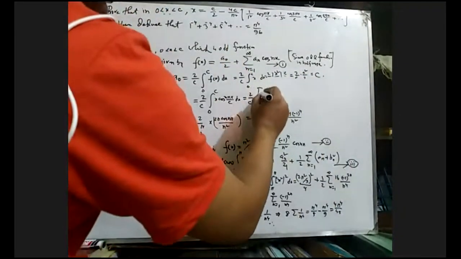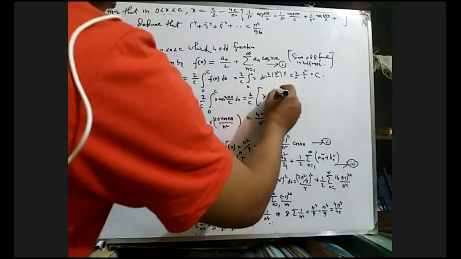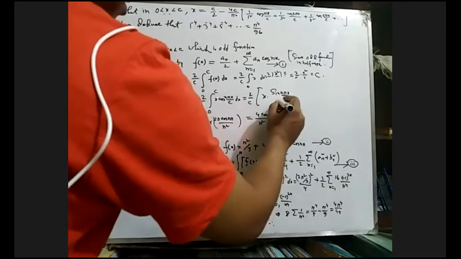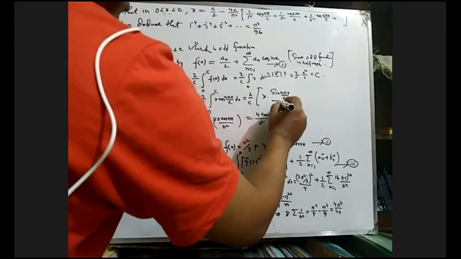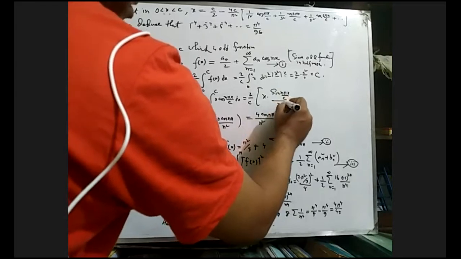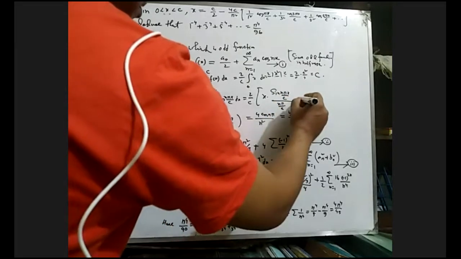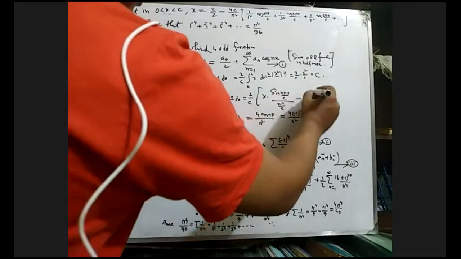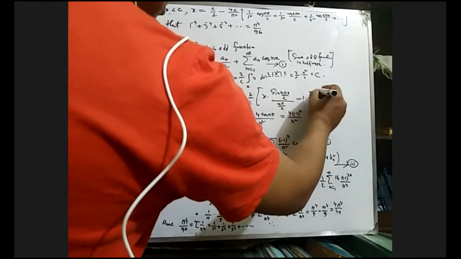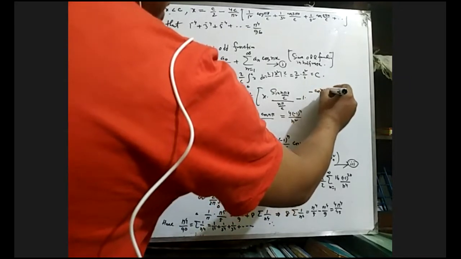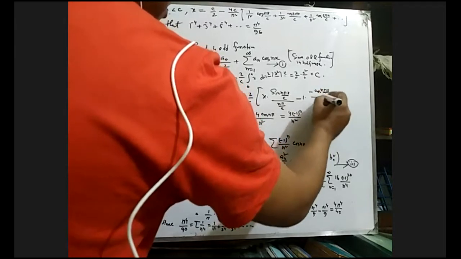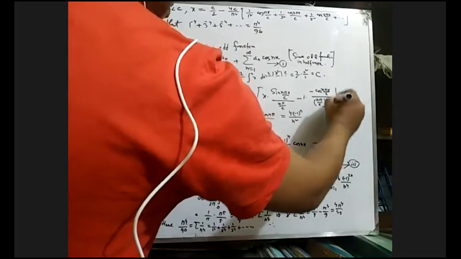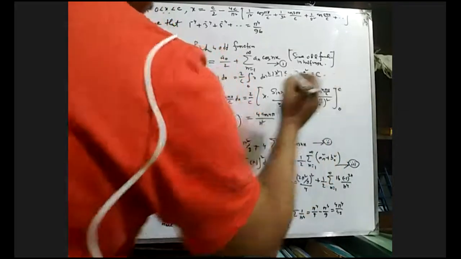So we get x into the integration of cos, which is sin n pi x by c, dividing by the coefficient of x, n pi by c, minus the differentiation of x, which is 1, and again the integration of sine, which is minus cos n pi x by c, divided by n pi by c whole square. The integral limit will be 0 to c.